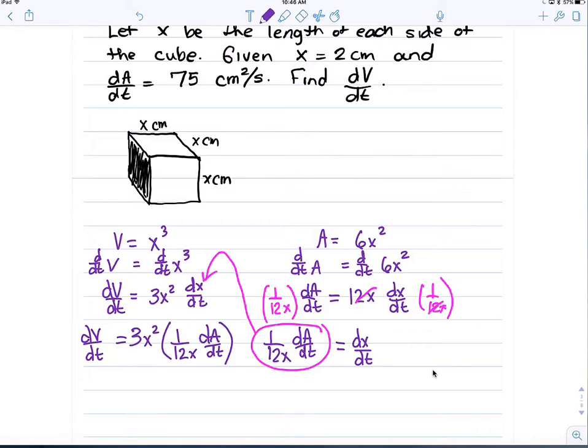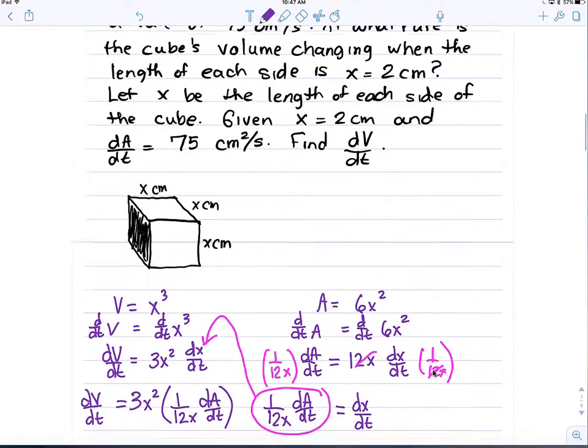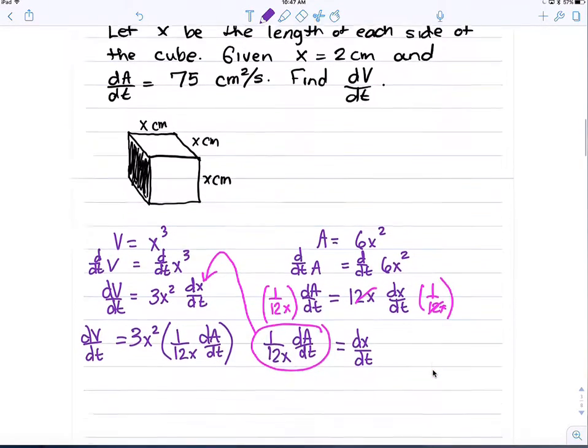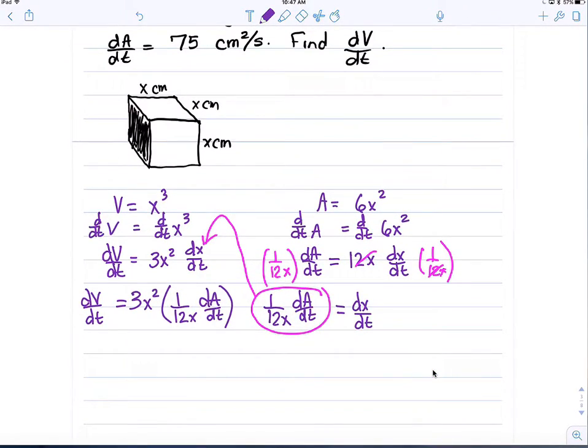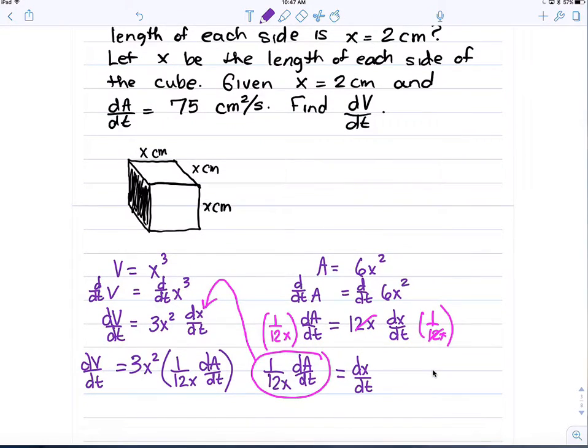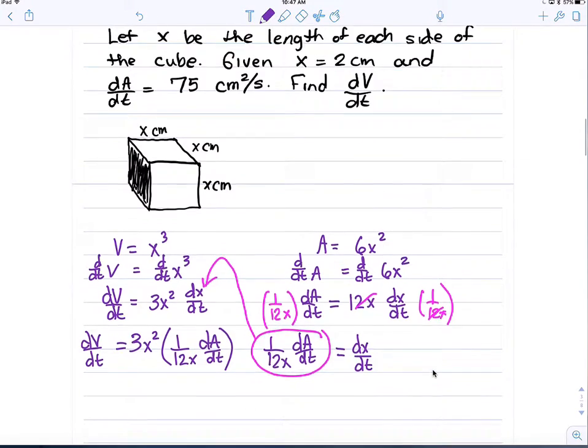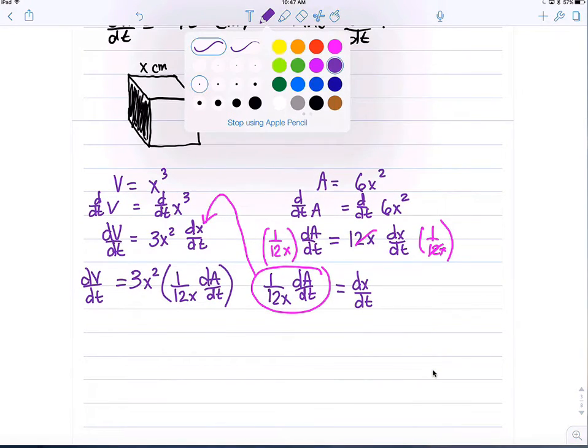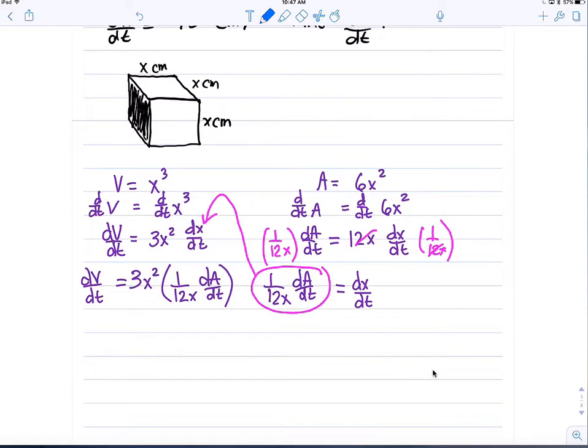Okay, at this point we can simplify a lot of things. We're given values for x. We know what x is because what is x in our given problem? 2 centimeters, okay? We also know that dA/dt was given, so we can plug in all those values. So in this next step, let's plug in all the knowns that were given. So we have 3x squared, so our x was 2 centimeters, so we'll have 3 times that squared.